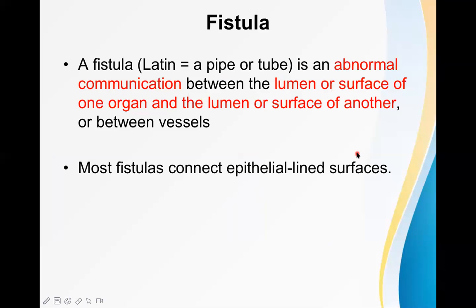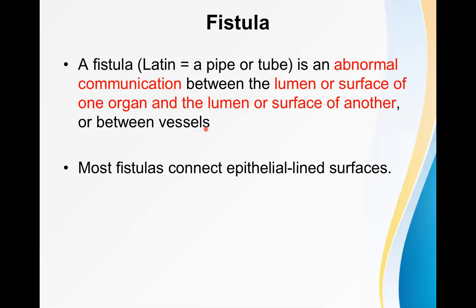Now, after looking at that picture, the definition of fistula is very easy. A fistula is an abnormal communication between the lumen or surface of one organ and the lumen or surface of another, or sometimes it can be a connection between blood vessels also. If it is between the blood vessels, we usually call it arteriovenous fistula, between the artery and the vein.